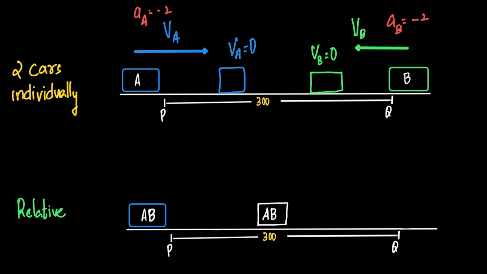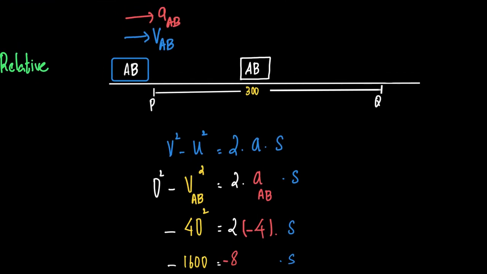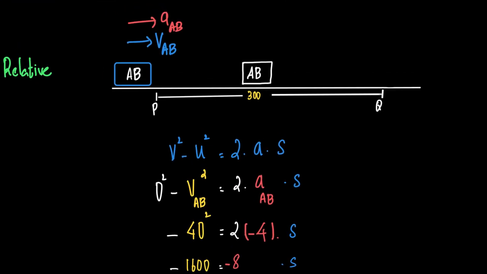Instead of having VA and VB, we have only relative velocity VAB. Instead of having acceleration of A and acceleration of B individually, we only have one acceleration, the relative acceleration AB.